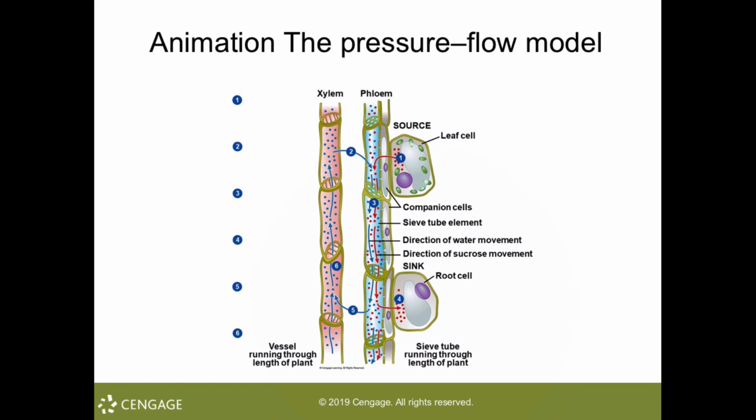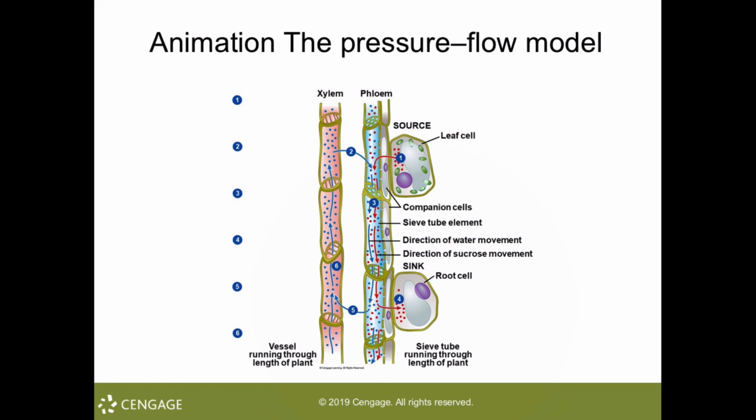This decreases, makes more negative, the water potential of that cell. As a result, water moves by osmosis from nearby xylem cells into the sieve tubes, increasing the turgor pressure, increasing the hydrostatic pressure inside them. Thus, phloem loading at the source.